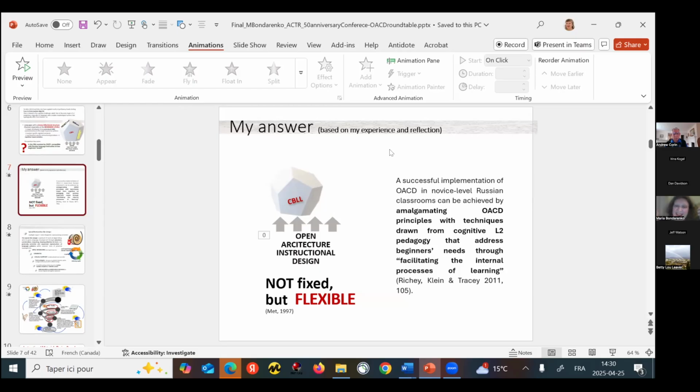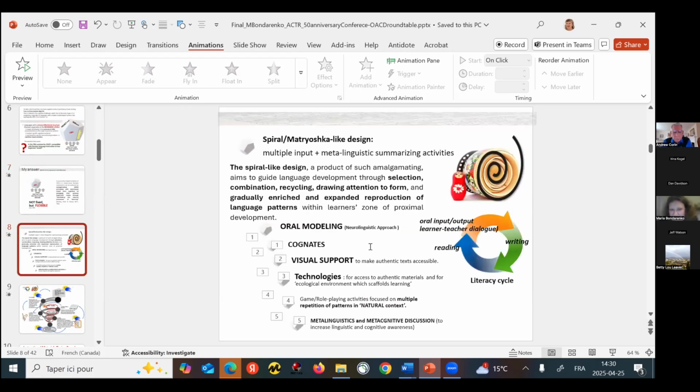Hopefully, both CBLA and OACD are not fixed but flexible to be adopted. Here is my outcome, my product of such amalgamating. I called it the spiral-like design or matryoshka-like design.